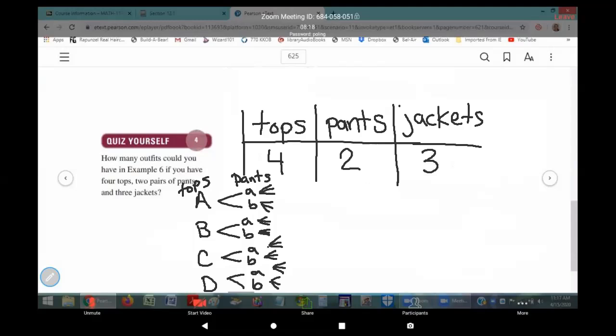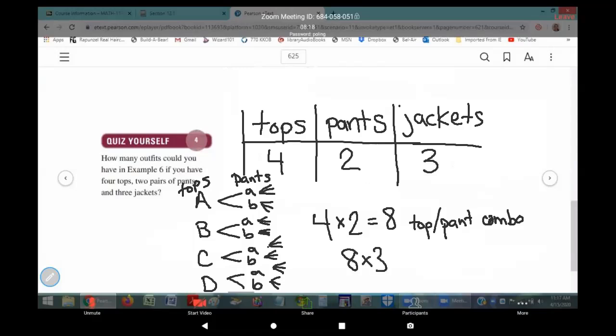You can see from the partial tree that we had 4 options for tops. We had 2 options for pants, giving us at that point 8 top pant combos. For each pant top combo, we could choose one of the 3 jackets, giving us a total of 24 outfits.